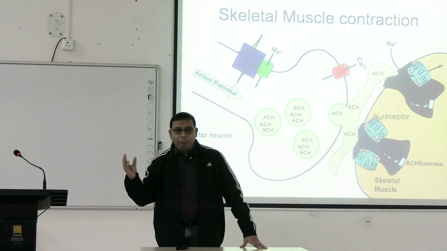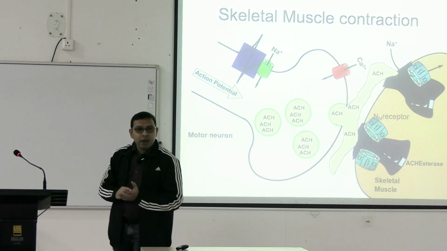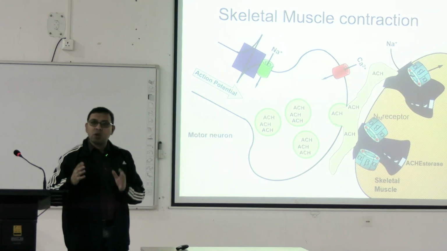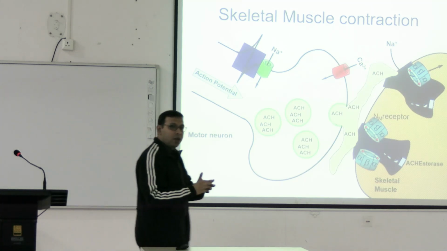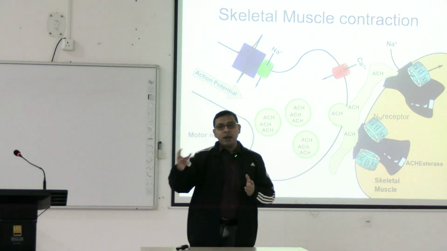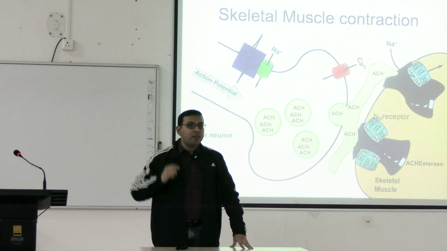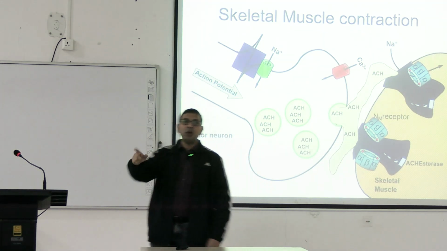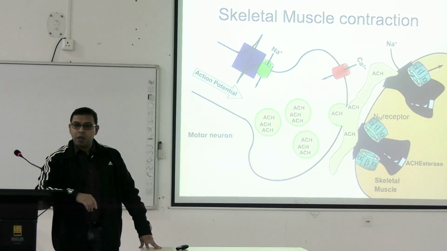When this competitive blocker blocks there, it has more affinity than acetylcholine, so it competes and wins. Ultimately, it attaches to the NM receptor. Acetylcholine cannot attach. Being very bulky, the conformational change will not happen, the sodium ion cannot be propagated, and the muscle action potential cannot be propagated.